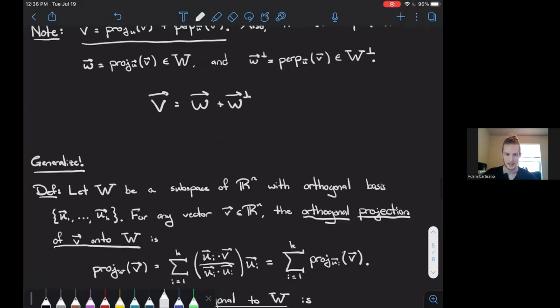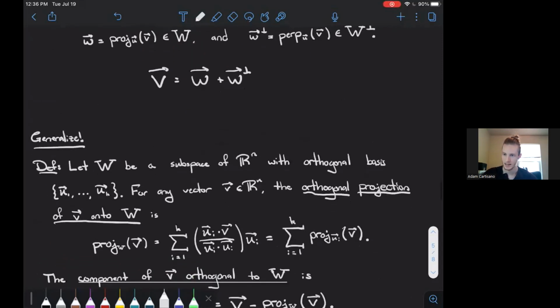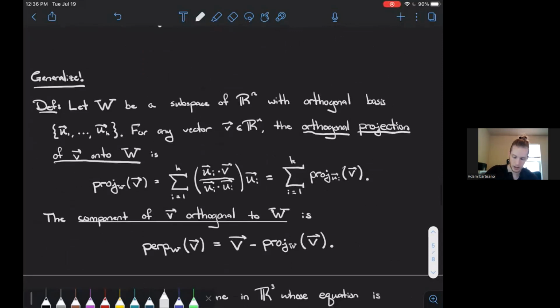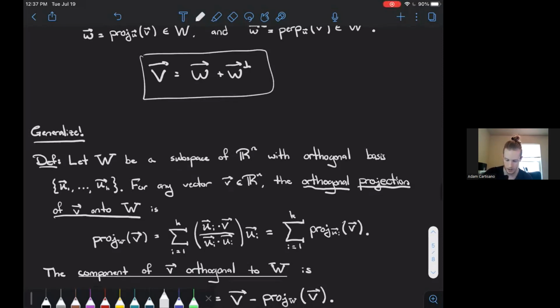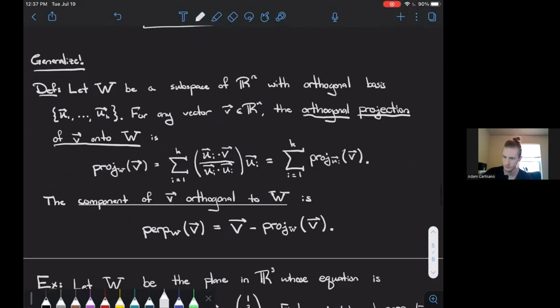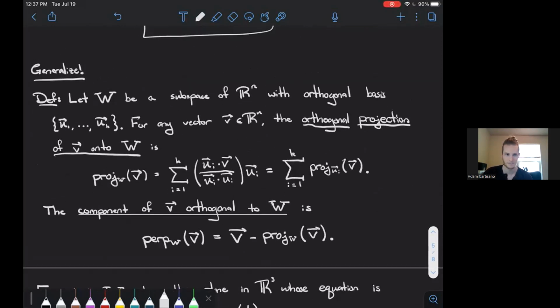But first we have to generalize. We would love to be able to do this in general for two orthogonal complements, but we have to generalize the notion of orthogonal projection and components that are orthogonal to a subspace. So let's just do that real quick. That's just a gnarly definition, as we start with every time.